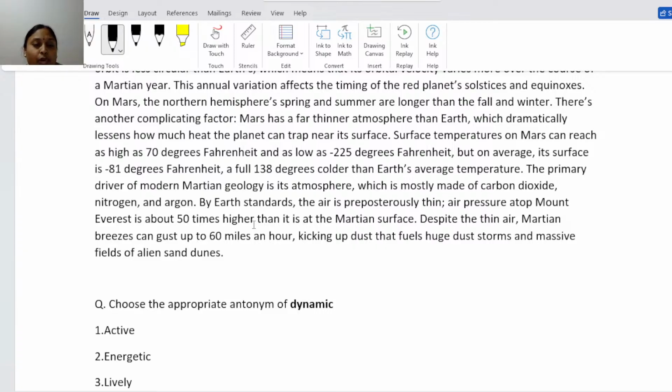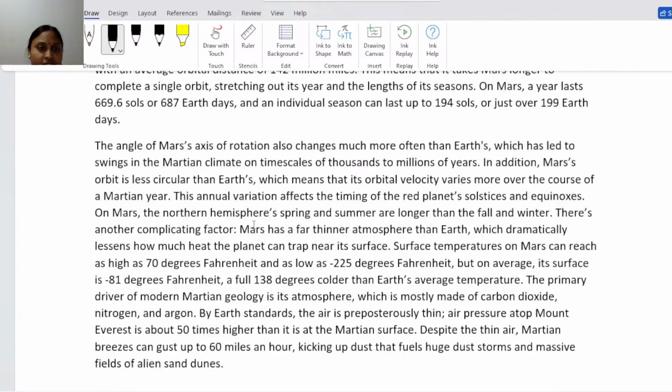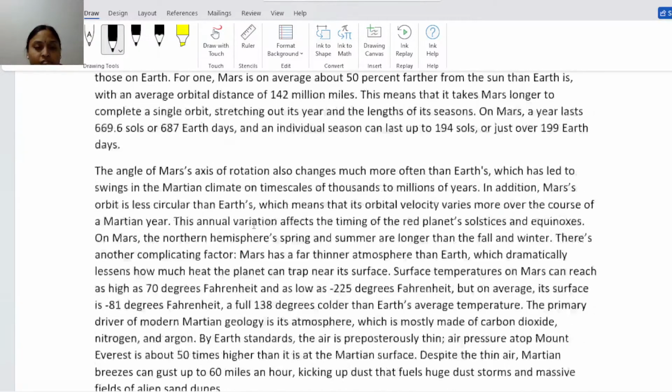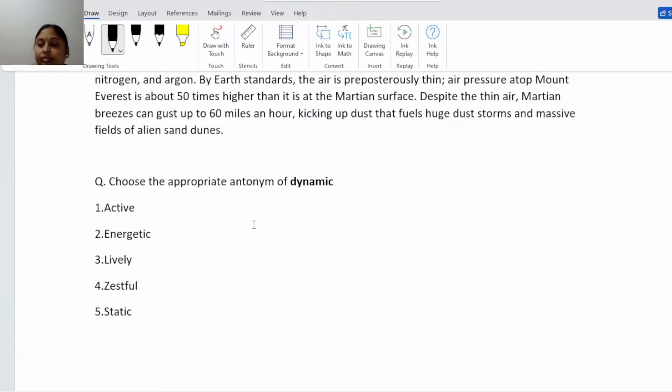So choose the appropriate antonym of dynamic. So here dynamic they are asking. Regarding this, the options are active, energetic, lively, logistic, and static. So what will be the correct answer? Please let me know. What will be the correct answer? Dynamic, antonym.